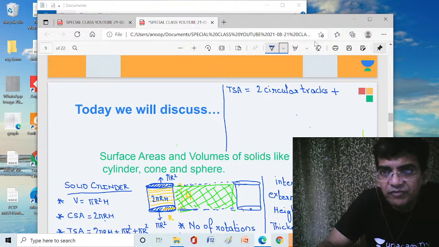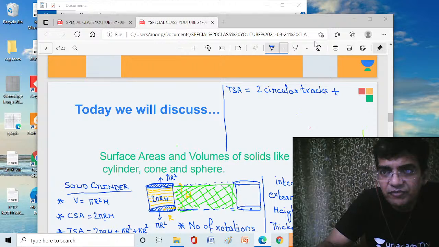Twice, and now we have the circular track. For a circular track, the formula is pi r square minus r square. For one track it is pi r square minus r square, and as there are two tracks, you write it two times.